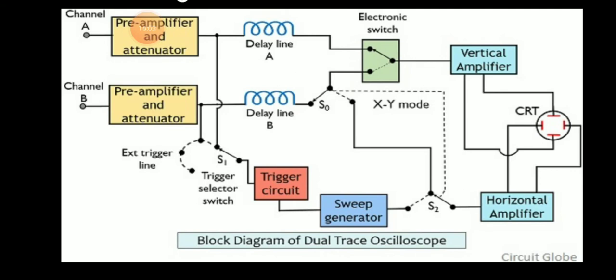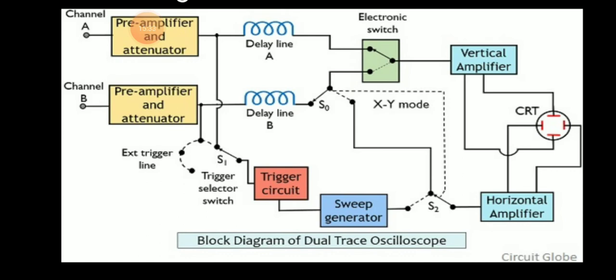Switch S2 allows the trigger circuit to select channel A, channel B, line or external signal, while switch S3 is used to connect the horizontal amplifier to channel B in XY mode. In this figure they use S0, S1 and S2, but you can change that into S1, S2 and S3.